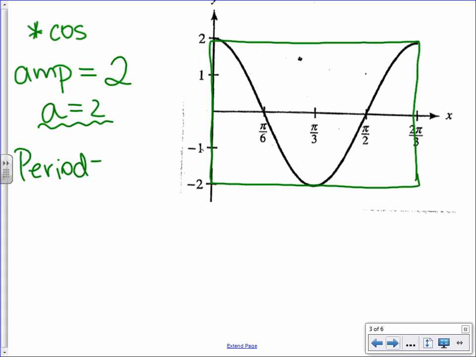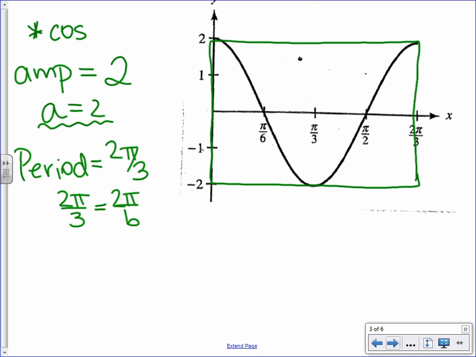Our graph, one period, stretches from x is 0 to x is 2 pi over 3. What is our period? 2 pi over 3. Now we need to use that to help us find B. How do we calculate period? 2 pi over B. We have a proportion, so we can cross multiply.